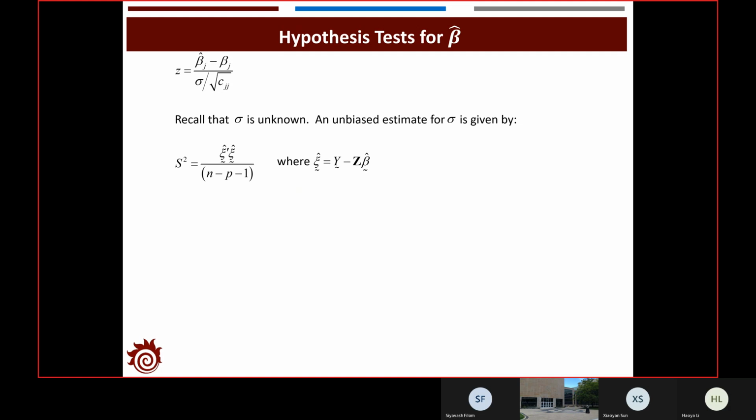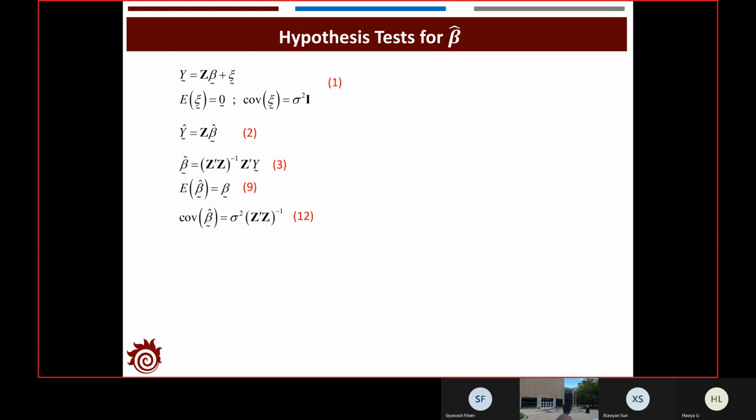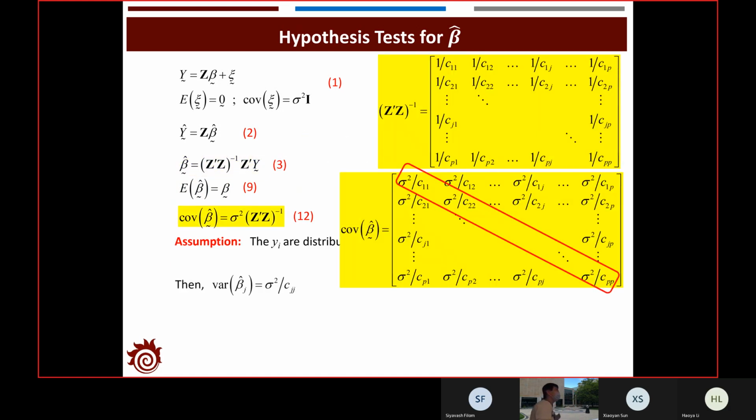As we don't know sigma, we can only use an unbiased estimator of sigma to represent sigma in that equation. We know that the expected value of the epsilon hat is 0.